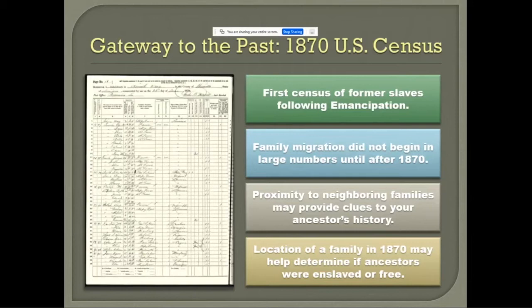So the 1870 census is the most important census for African American genealogy because it is, like I said, the first one to list former slaves by name. Also, in 1870, it was only 5 years after the war, after Emancipation, and people hadn't started to move around very much.